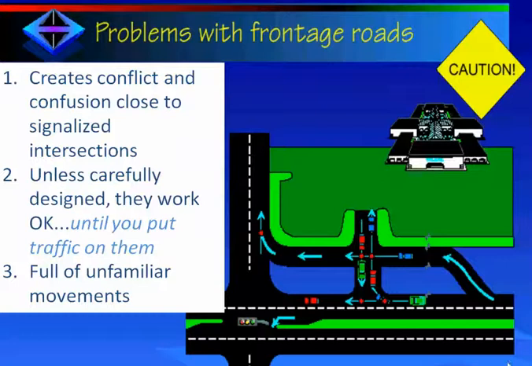A frontage road is a roadway parallel to the main road, and it separates the turning traffic to the establishment or to any development. These frontage roads are designed well, but as soon as you put traffic on them, many confusions and conflicts occur, and therefore cause crashes. Let's go to the next one, Gary.